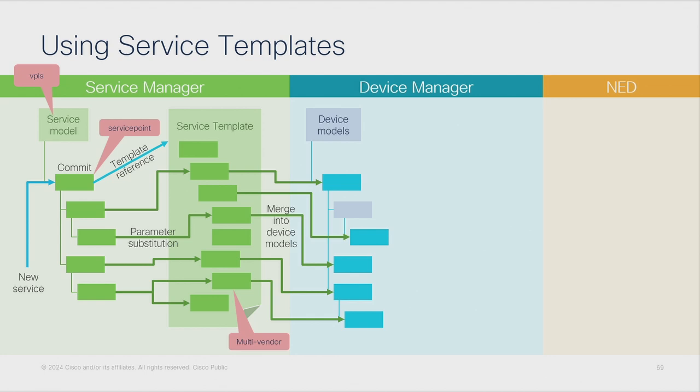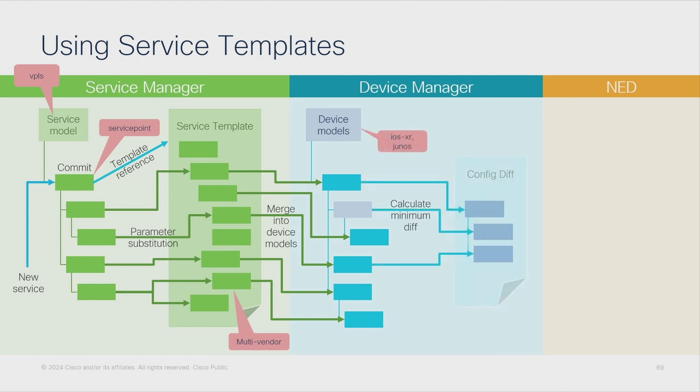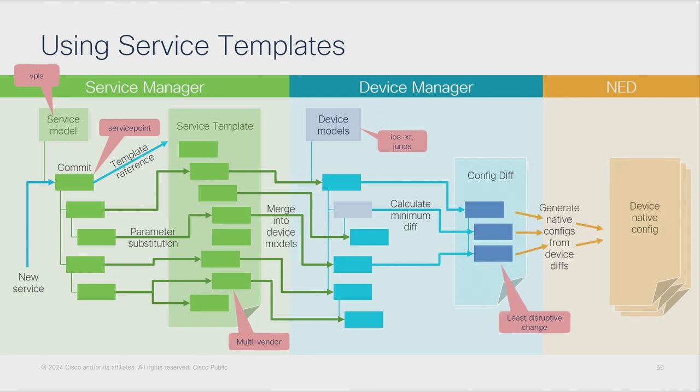NSO then takes those models and it calculates a minimum diff. So anything that's actually changed as a result of that template will result in a diff set. And that can be, again, for different vendors. There'll be a different network element driver for each vendor that will take that diff set finally and calculate the least disruptive change to push it to the network.